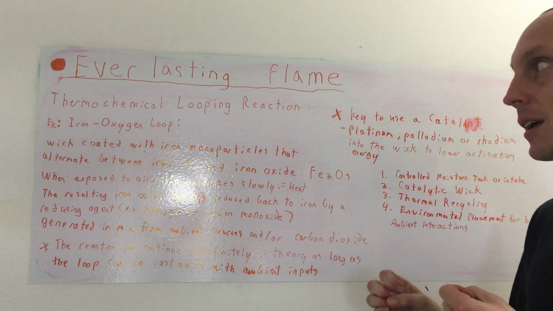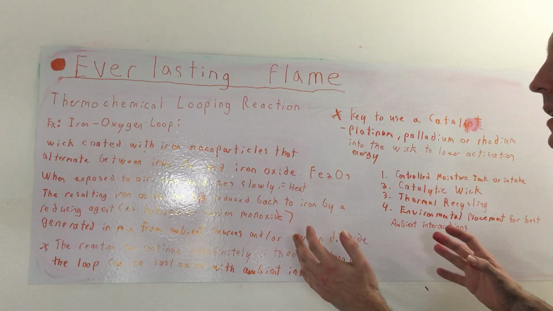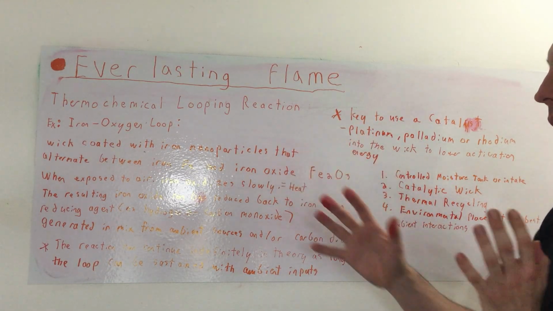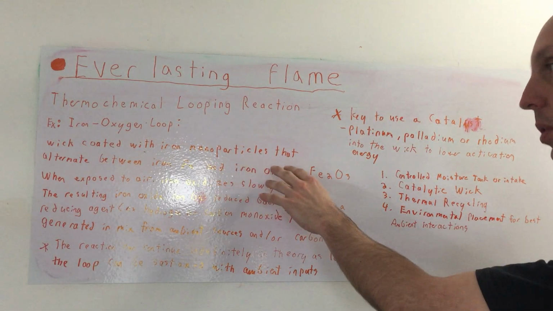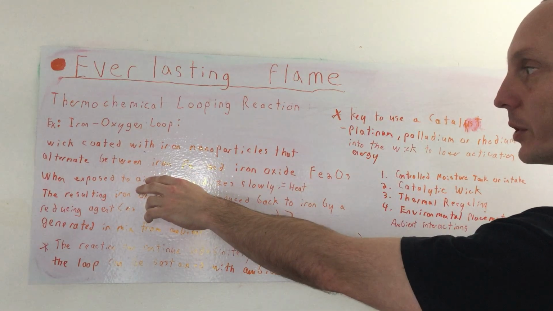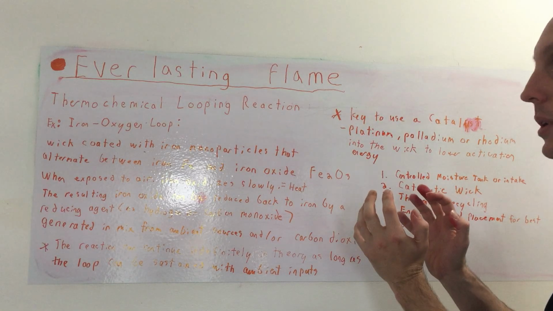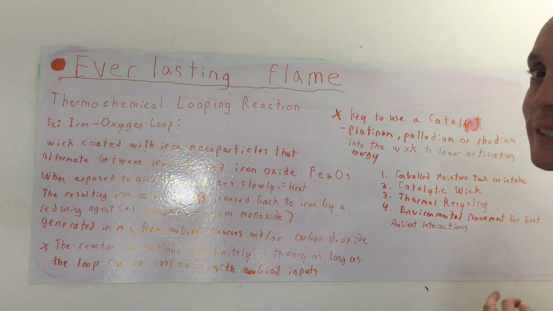You start realizing that it's the same systems in their own domains, but different applications. Here, we're doing nanoparticles that alternate between iron and iron oxide. It's a form of breaking the symmetry. But what I'm getting at is the chemical equivalence, which gives us the same end result.